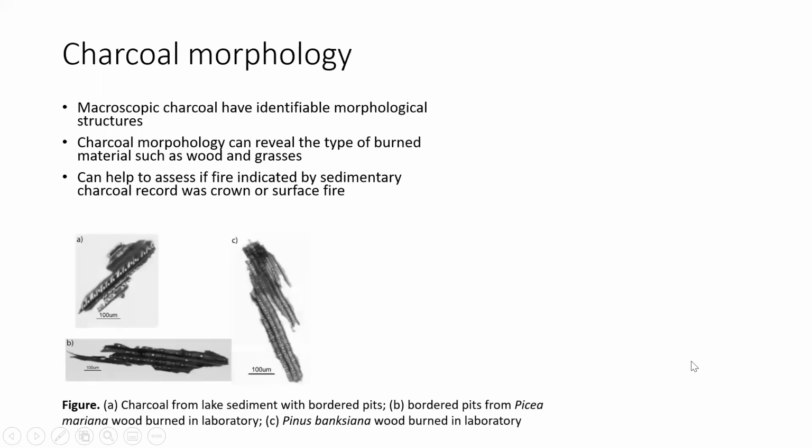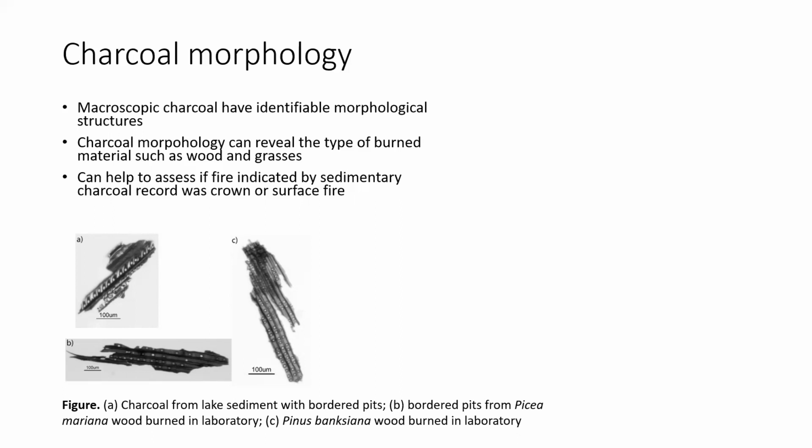So there have been efforts to determine which kind of morphological features different materials leave, and there's been comparison of charcoal produced in the laboratory and compared to charcoals from the sedimentary records.